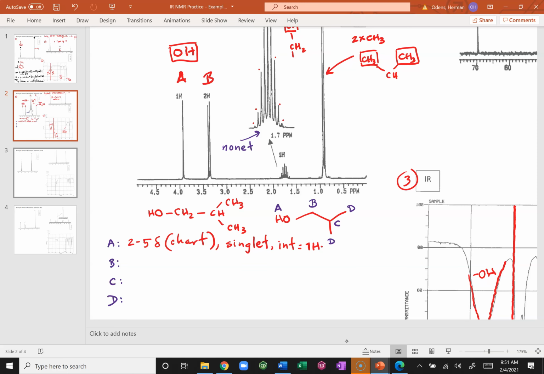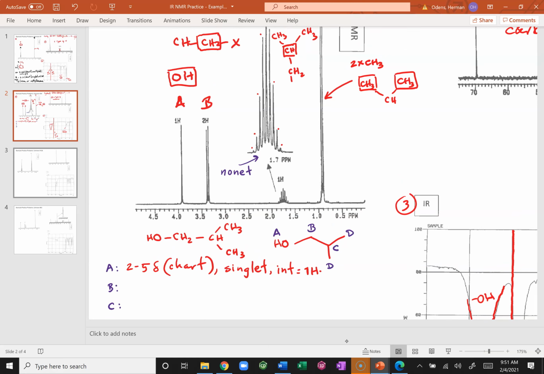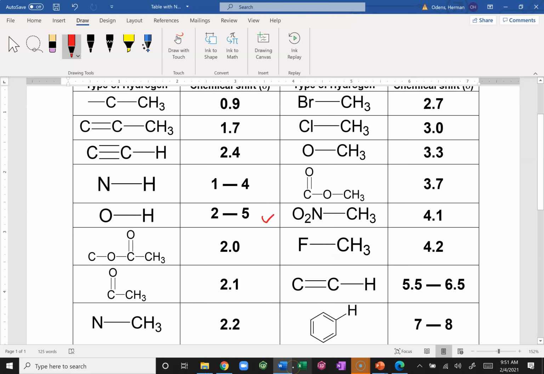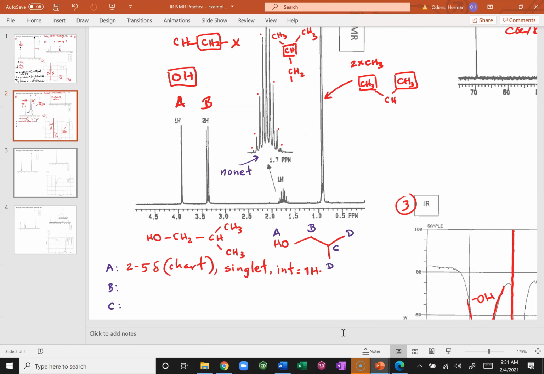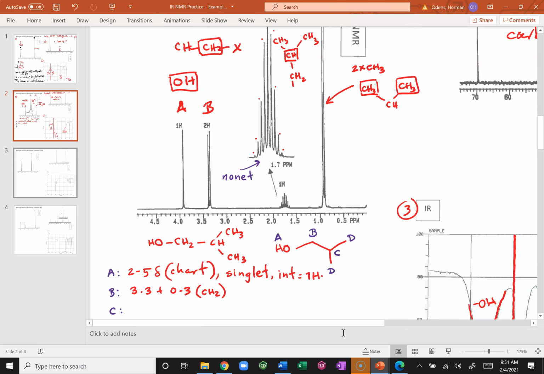All right. Now B. B is a doublet. Okay. So what is B? B is a CH2 attached to an oxygen. What is the signal for that? 3.3 plus 0.2. Exactly. 3.3 plus 0.3 because it's a CH2. Do we have a beta group there? No. There's an alpha group to it, but that's not a beta.